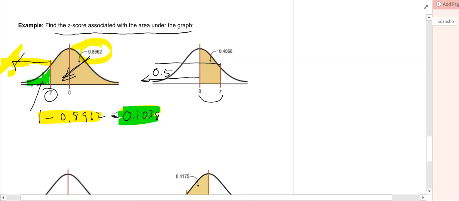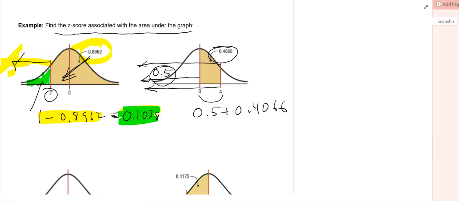So the area below z is going to be these two numbers added together, because I want the number z such that the total area below this is 0.5 plus 0.4066. So look up 0 in the table, you'll see it's 1/2. That's just a fact for all normal distributions. The area below the mean is going to be half.